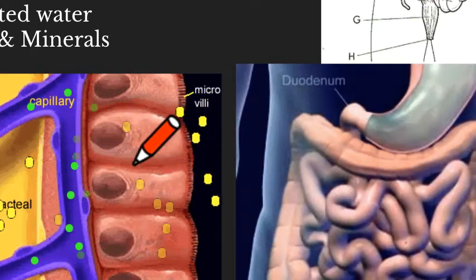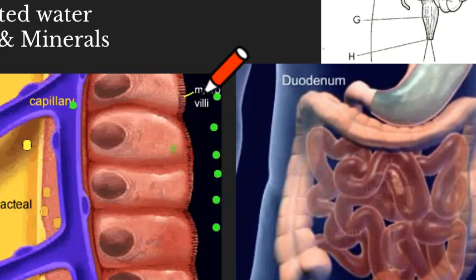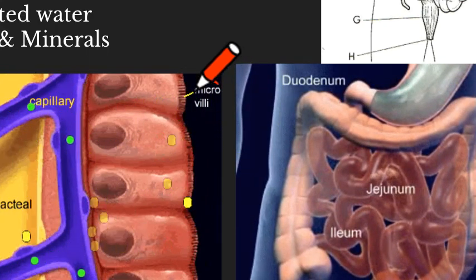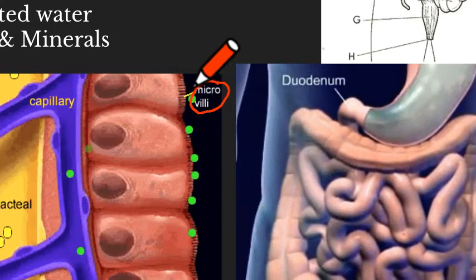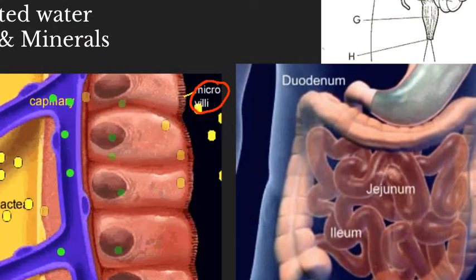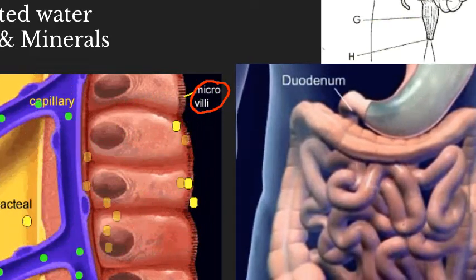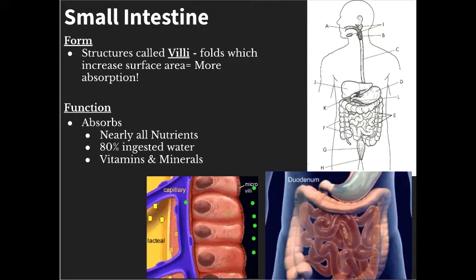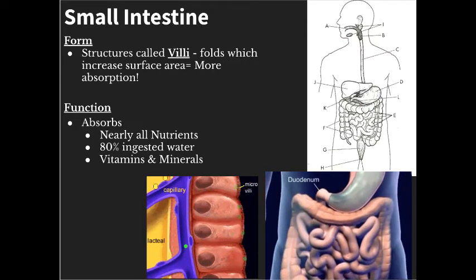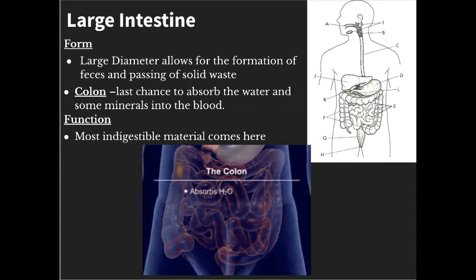So the nutrients are the green stuff here, and this is how they get into your bloodstream. If you look at the cells themselves, these microvilli are even smaller little projections, and the whole idea is to increase the surface area for absorption. That's really key, the increase in surface area. So the more surface area, the more nutrients can be absorbed in a smaller amount of overall space.